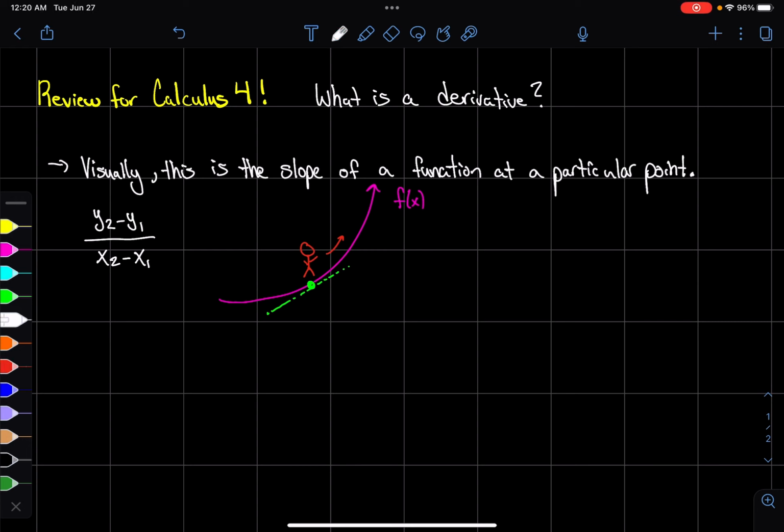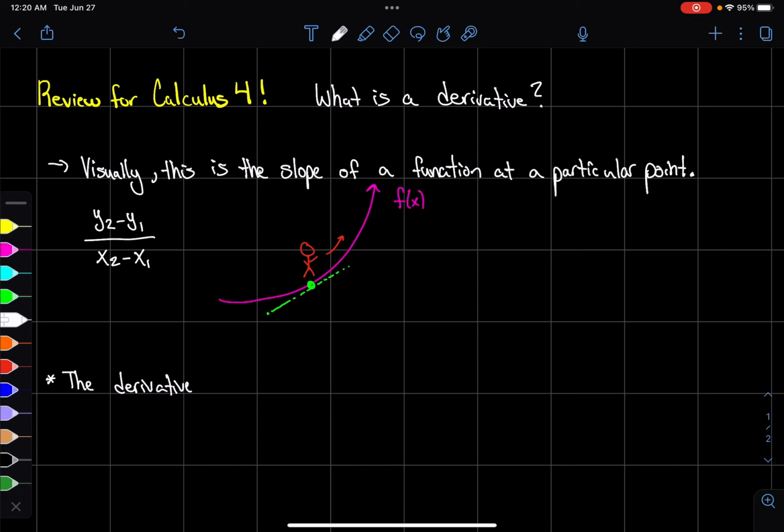And so maybe a little more technically, the derivative represents a comparison between how quickly the output of a function is changing relative to its input, okay? So the derivative, usually we use y and x for this, so I'm going to go ahead and do that.